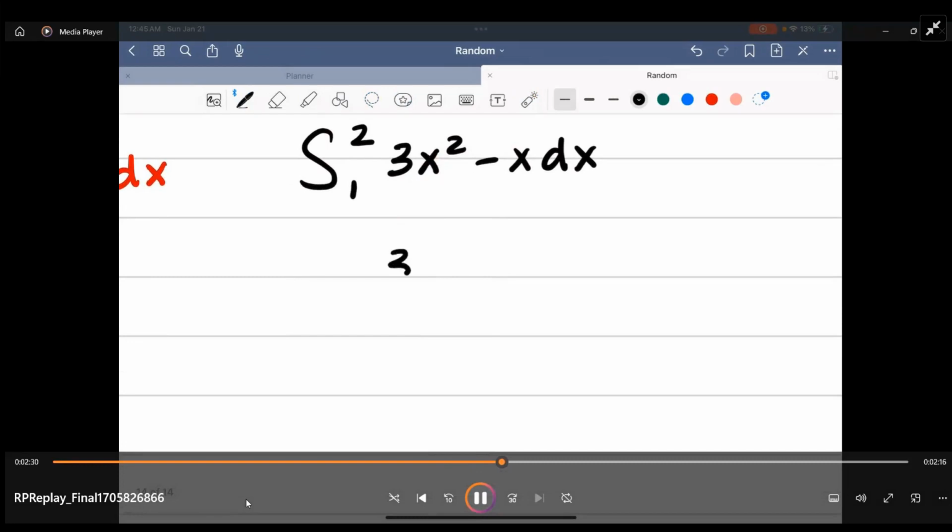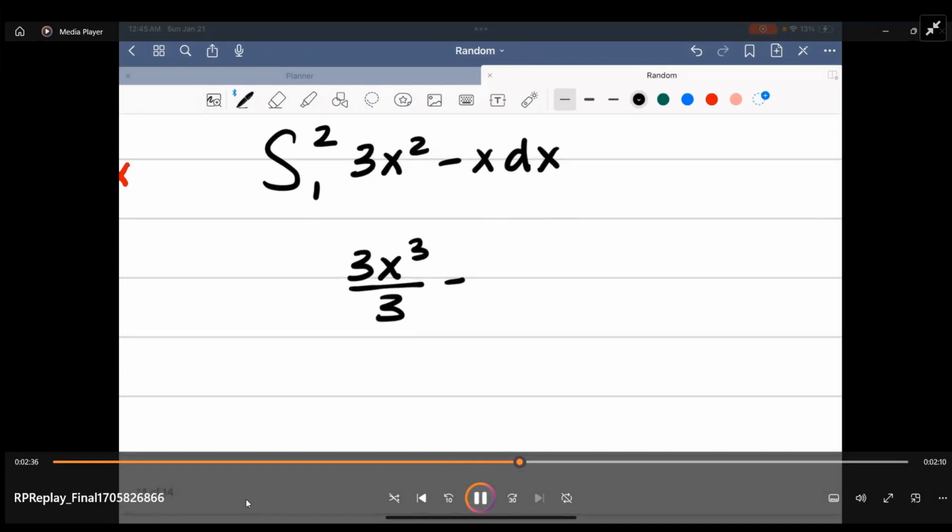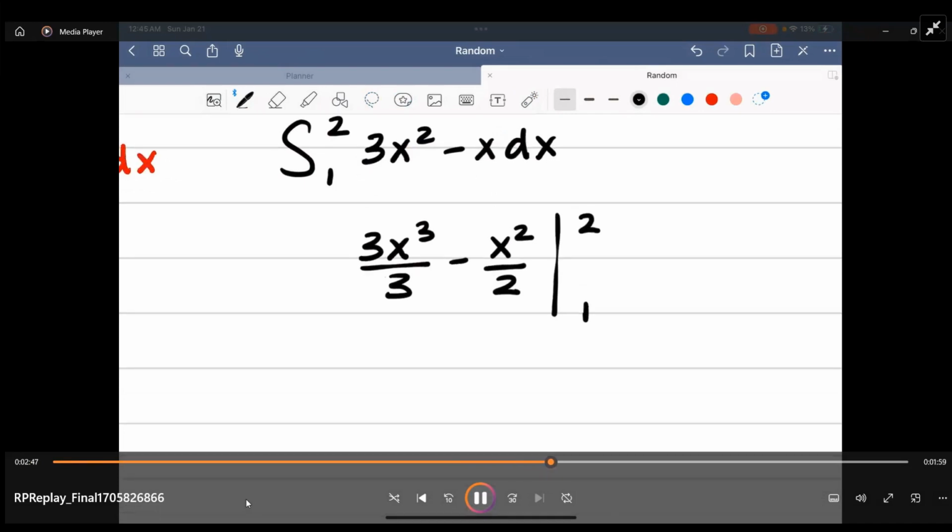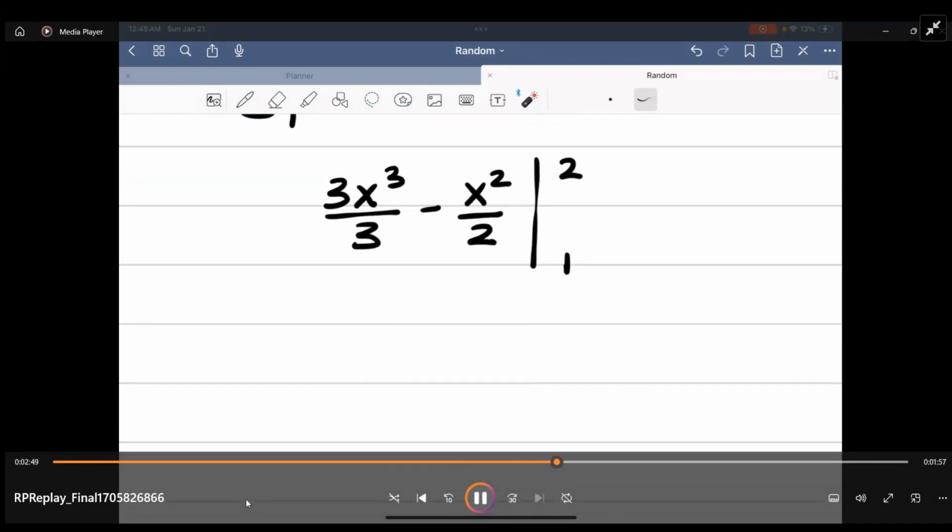So in this case, it'd be 3x, 2 plus 1 is 3, and then we're going to divide it by 3, minus x. If it's to the power 1, 1 plus 1 is 2, divided by 2, and we're going from 1 to 2. So for the integral, we have to plug in 2 for x, and we're going to subtract that answer by putting 1 into x.